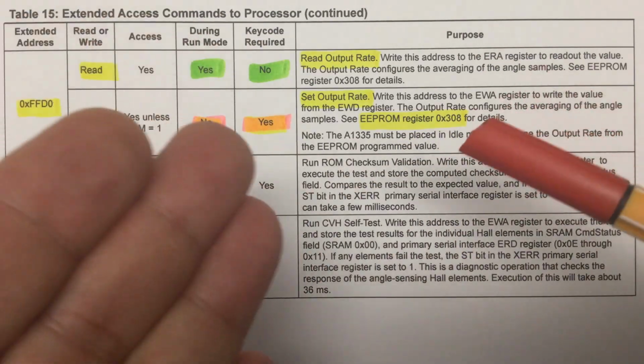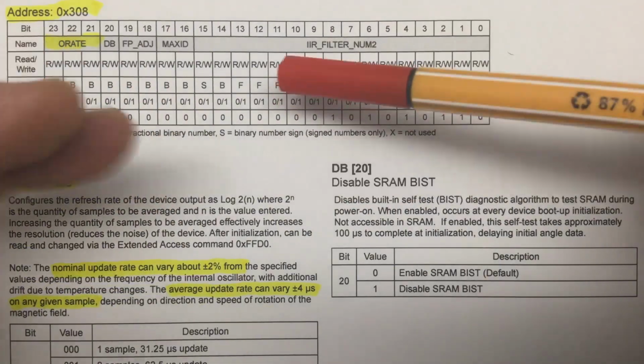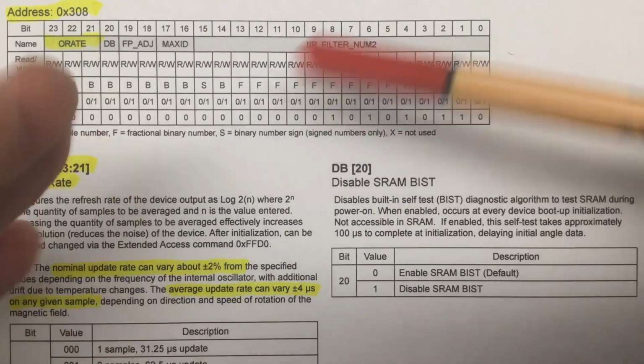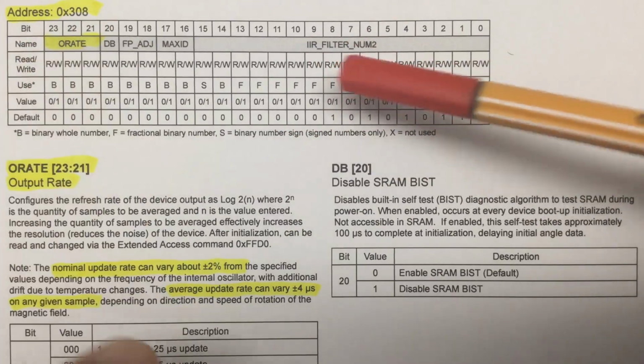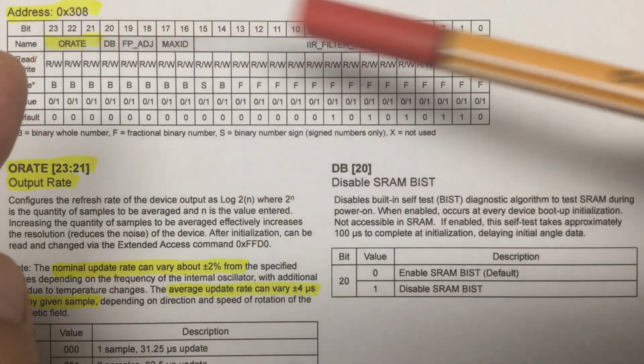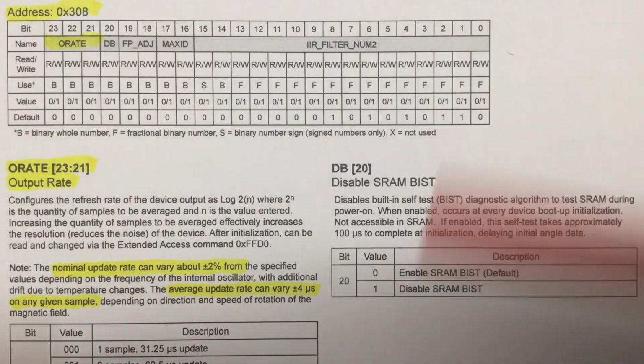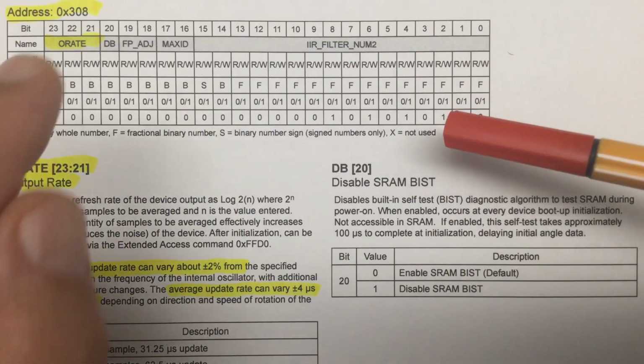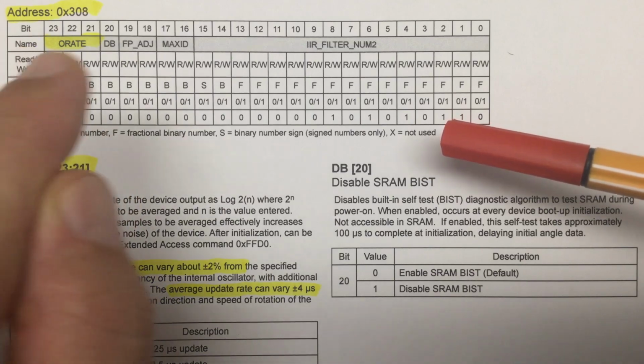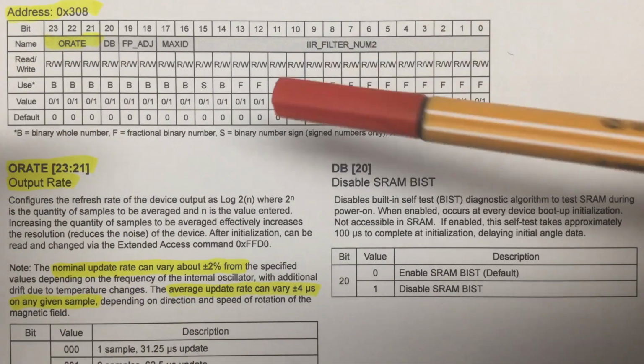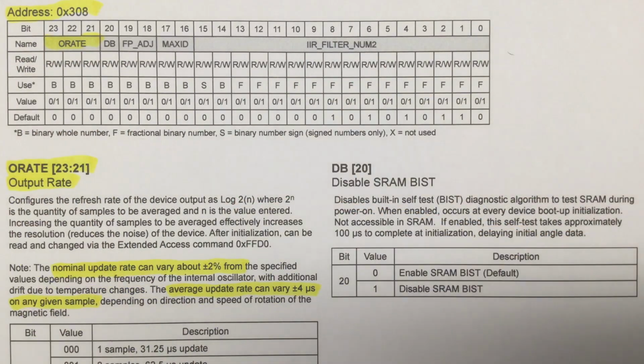So let's have a look there. Here is the info for the EEPROM address 0308. And by the way, please note, these are only 3 bytes. Anyway, there in bit 23 to 21 we find the O rate, which is explained further down.